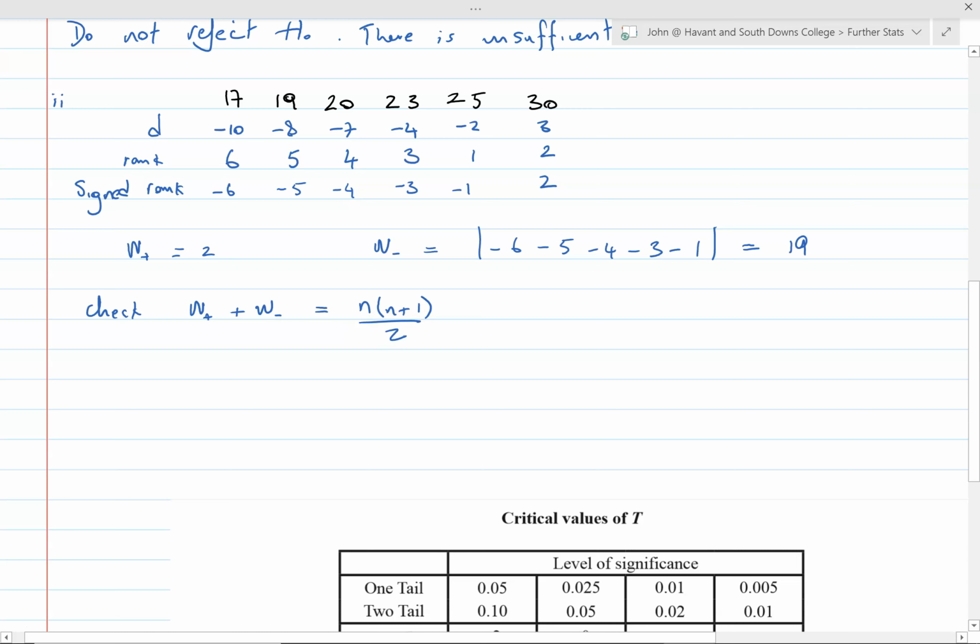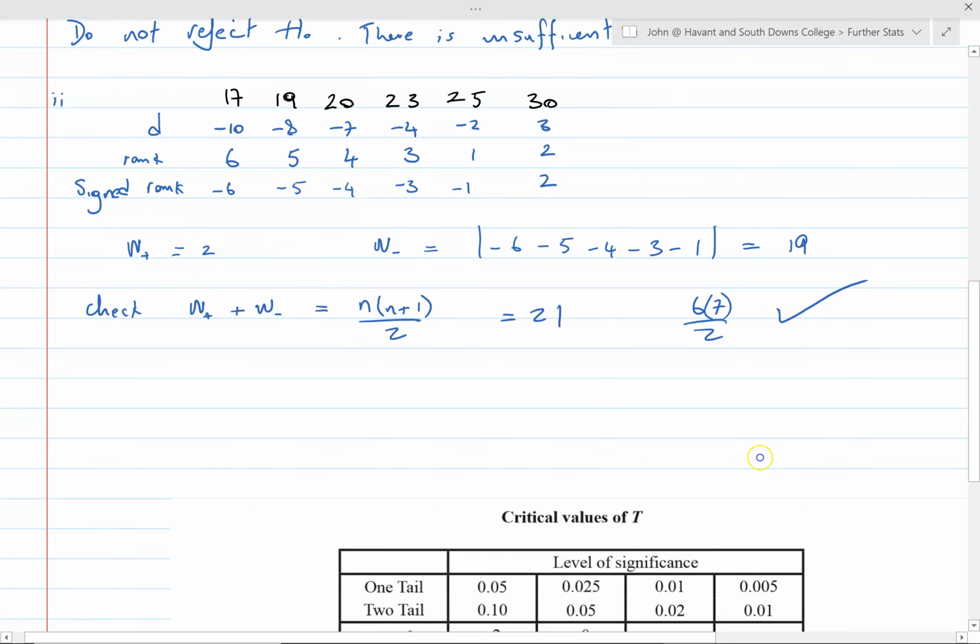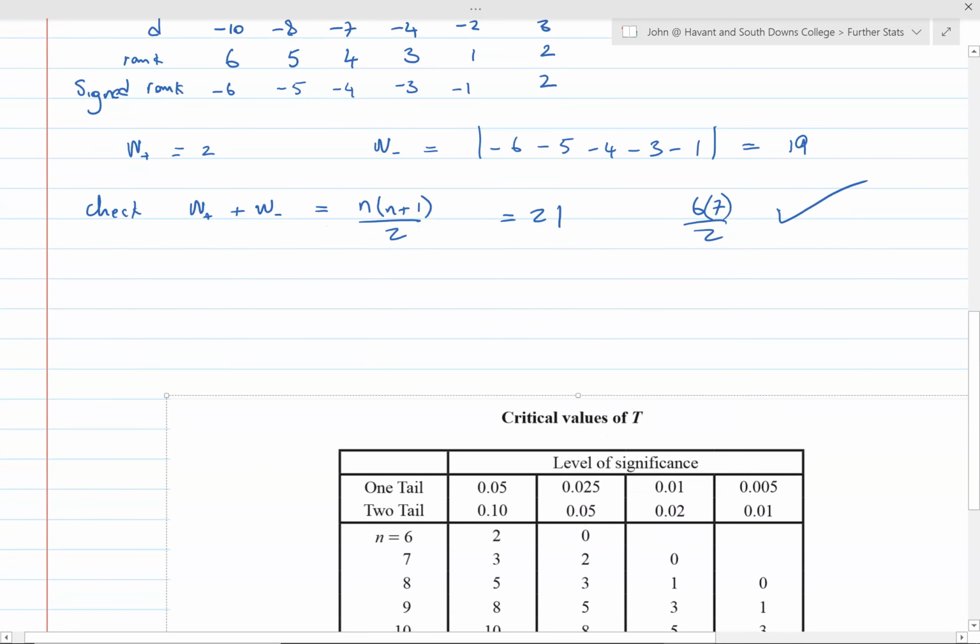So it's worth checking that they do add up to 21, and they do, because that's 6 times 7 divided by 2, which is 21. So it's all good. But obviously the critical value here is 2, so let's look in the tables.